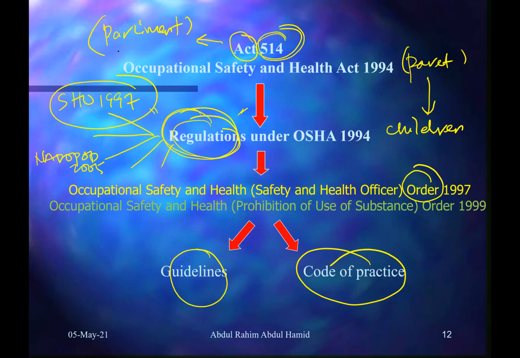So people started to ask, who is this person? What kind of experience, what kind of qualification, etcetera. So further explanation had to take place, and they released the SHO regulation in order to fine tune a few aspects. That's what we call regulation.